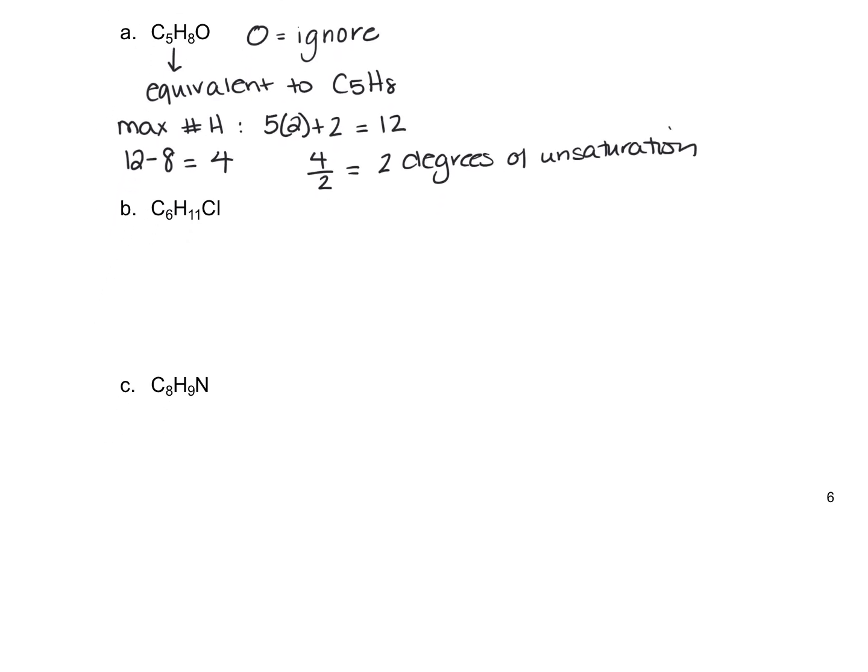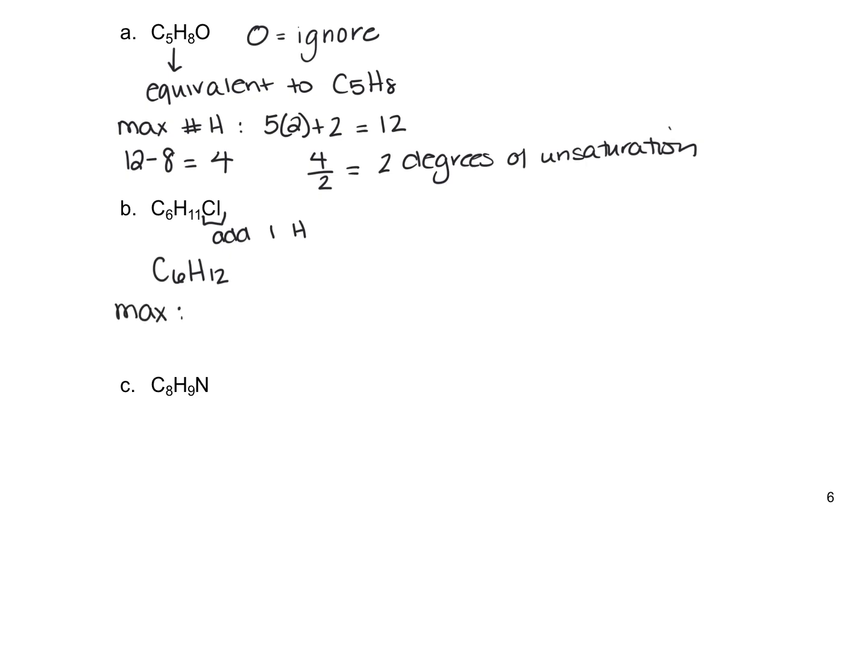Now, let's look at C6H11Cl. When I mentioned the halogen, I said this halogen is equivalent to a hydrogen, right? So this means we need to add 1 hydrogen. So now the formula would be similar to C6H12 when we're doing unsaturation. We proceed like normal.